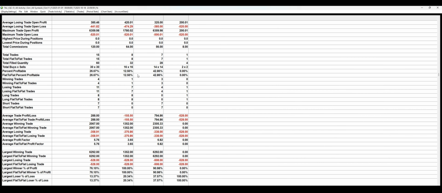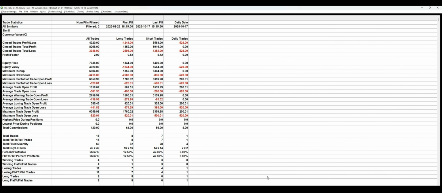So if we go back, let's pull up. I have the display settings open in another window, and I'll just switch from this account to Sim 12, which is the account from our prior case study. Look at the stark contrast. The percent profitable is actually similar. They're both roughly 27% profitable.